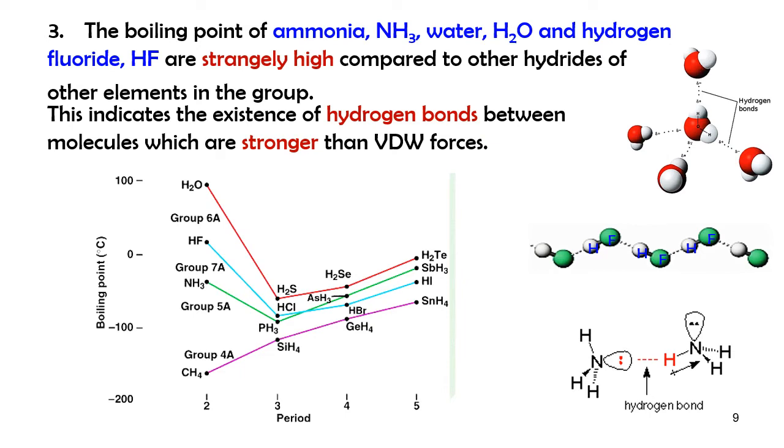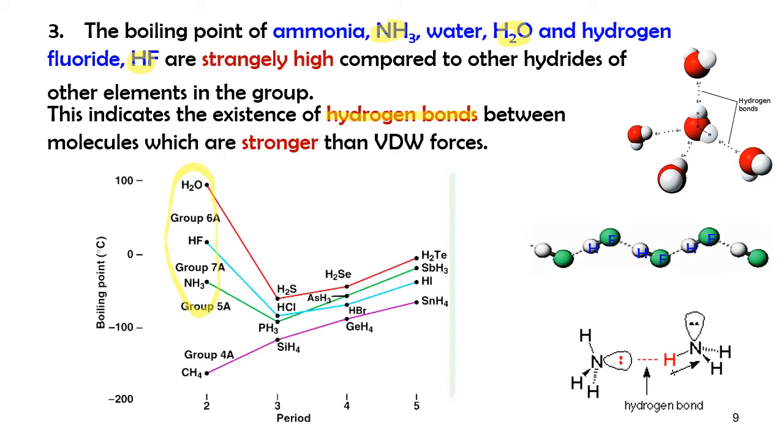For the boiling point of ammonia, water molecule H2O and hydrogen fluoride, it displays abnormal behavior here because of the presence of hydrogen bond. So why?